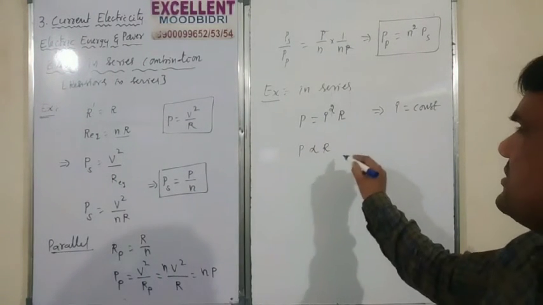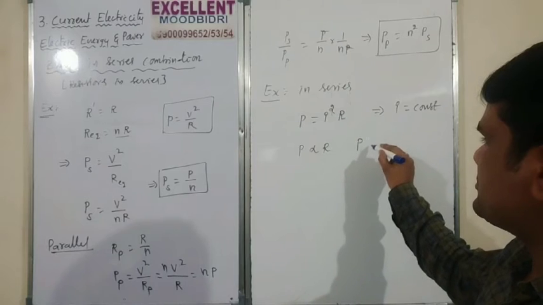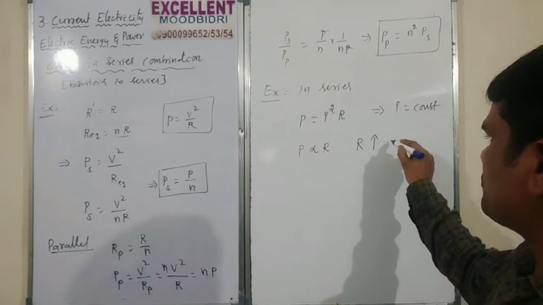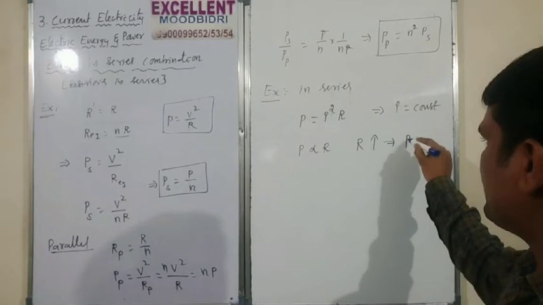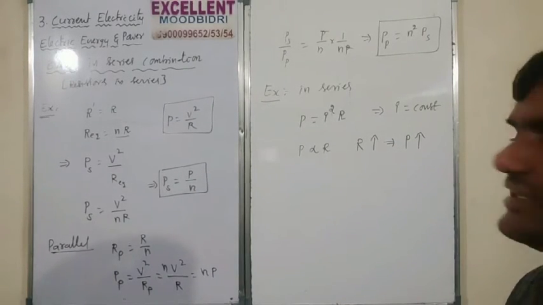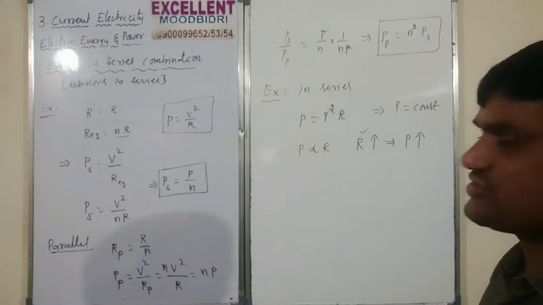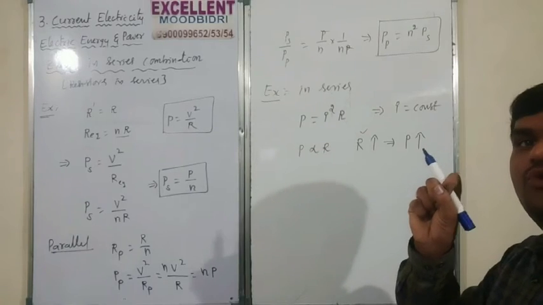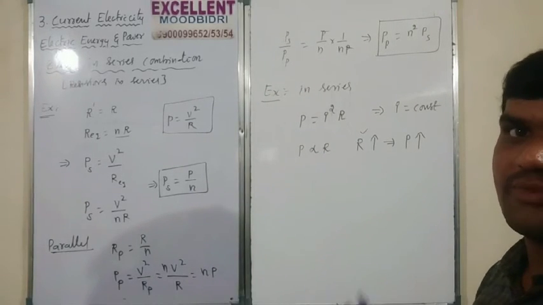So that means if the resistance is greater, the power consumption is also more. That means a larger resistance can consume more power in series combination.